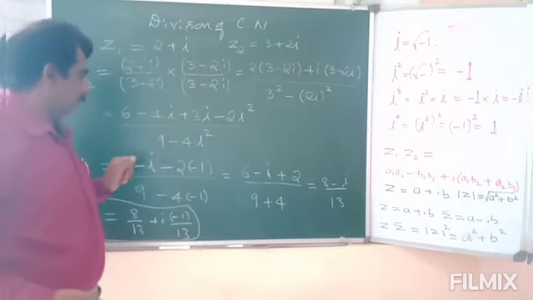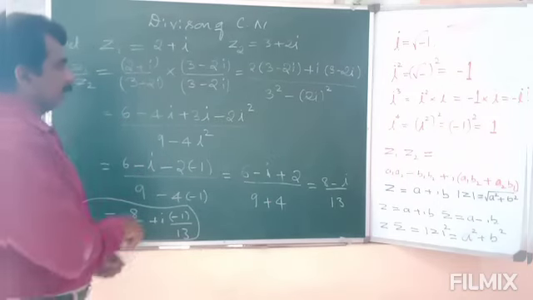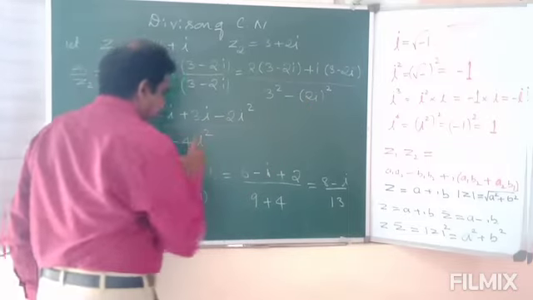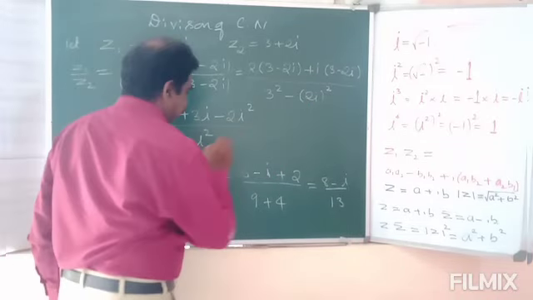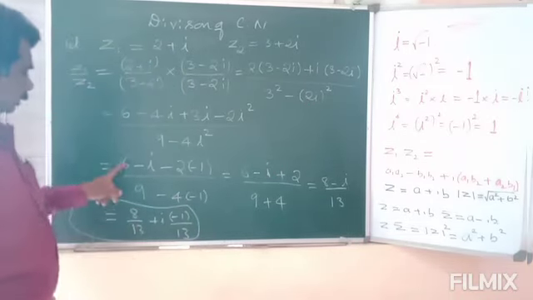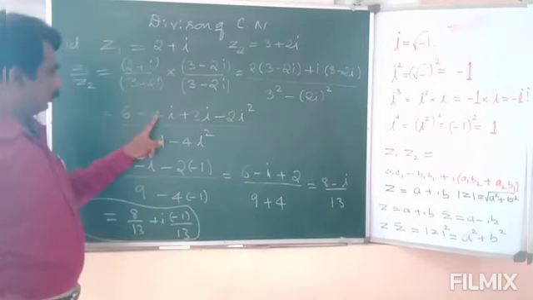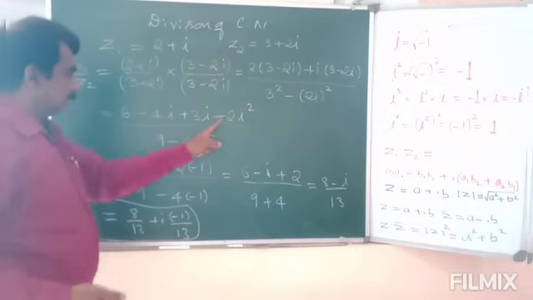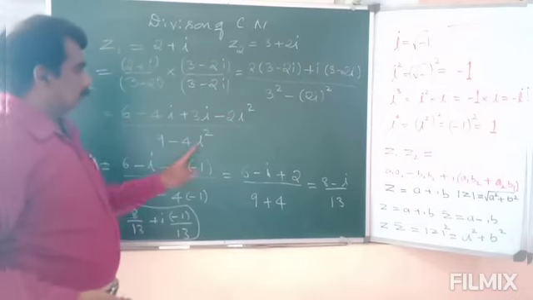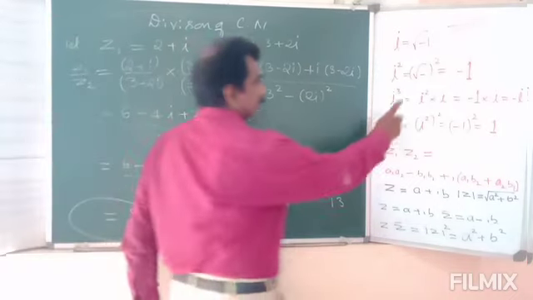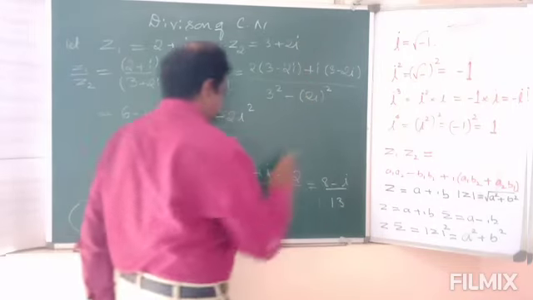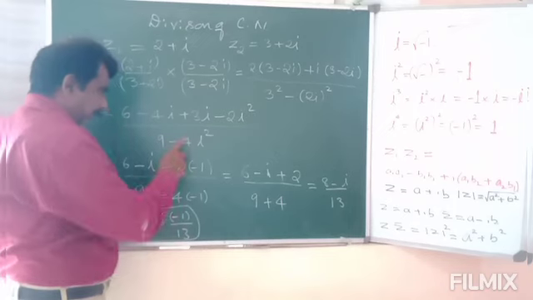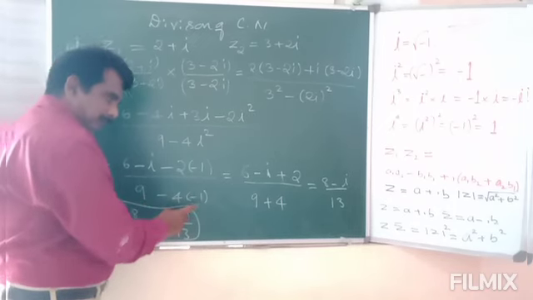Now in the denominator, what happens? 3 square is 9, 2 square is 4, i square is as it is. Next, 6 minus 4i plus 3i is minus i. Here minus 2. What is the value of i square? Minus 1. Divided by 9 minus 4 into i square value minus 1.